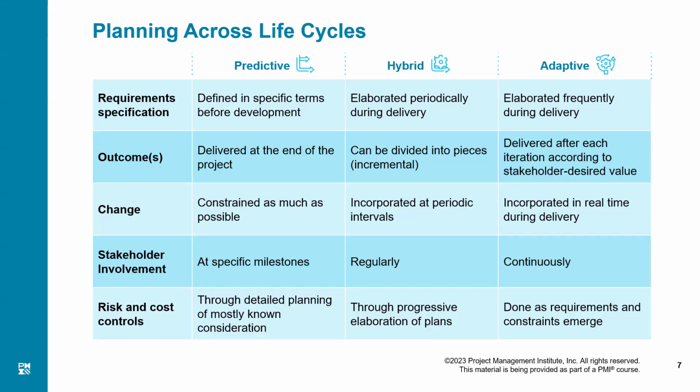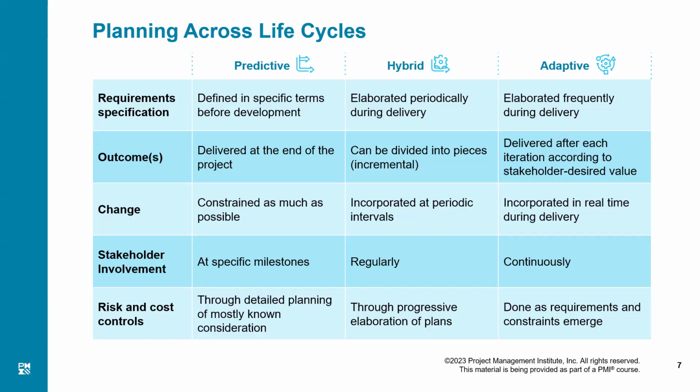But the interesting thing about Agile is it is a continuous engagement. So while we are doing one iteration, we are interacting with the stakeholder. And only when they accept that output, then this stakeholder engagement will move on to the next iteration.